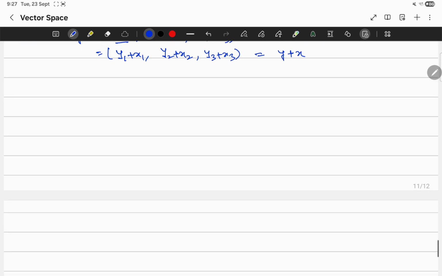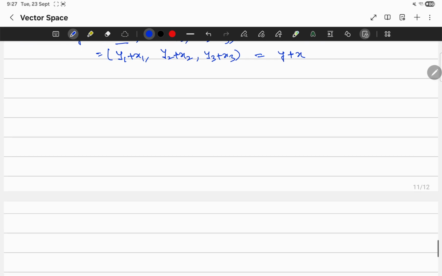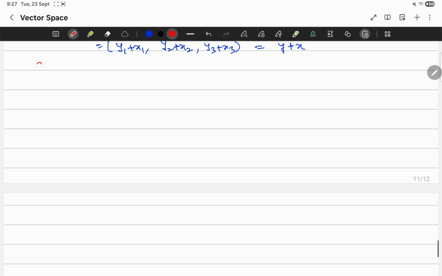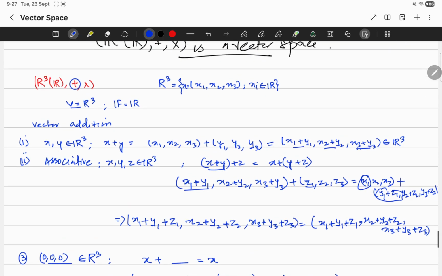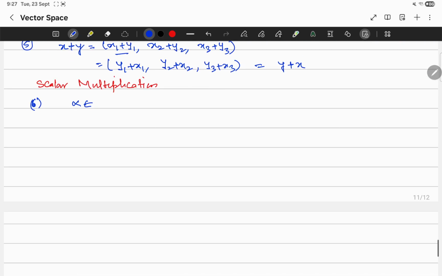Now next are the five external properties, external composition, which we call scalar multiplication. In the scalar multiplication, our property, that's the sixth property, take any element of the field. What is the field here? You know the field is R, so take any real number alpha and take any vector from the R3.